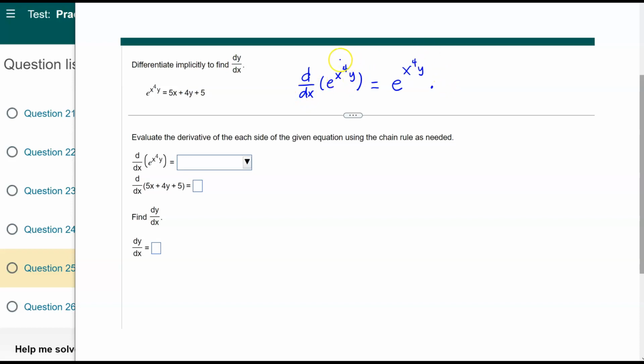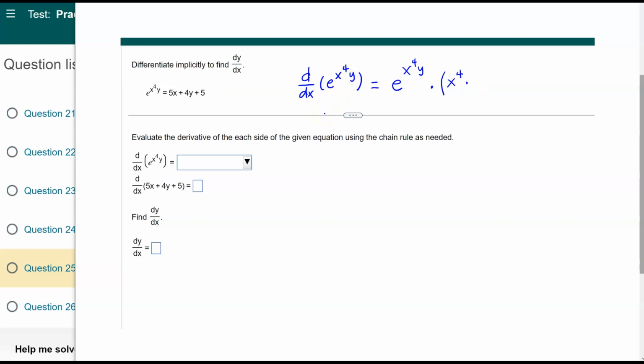Now, if you are going to differentiate this, notice that you have two variables, an x and a y. So you are going to use the product rule, treating both of them as different functions. So you do x to the fourth, you copy one factor first, and then you differentiate y with respect to x.